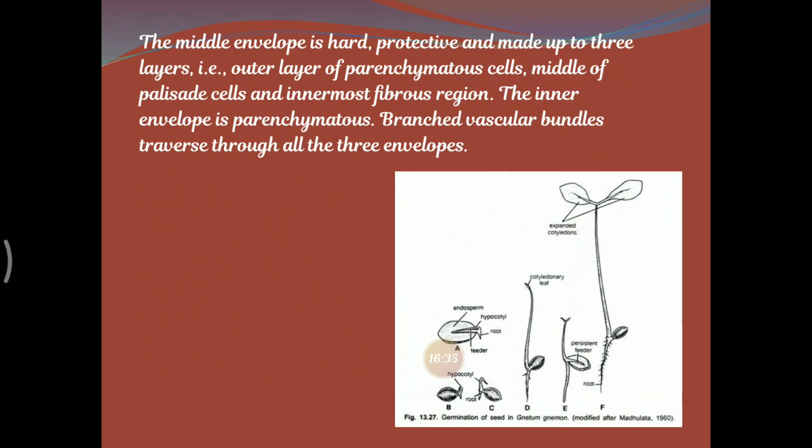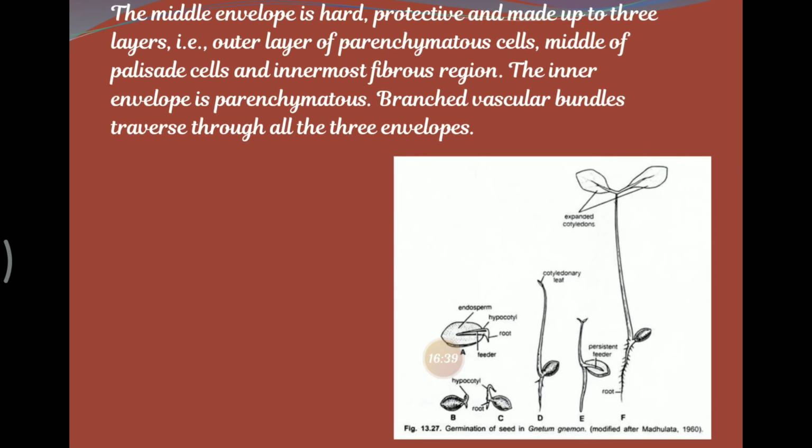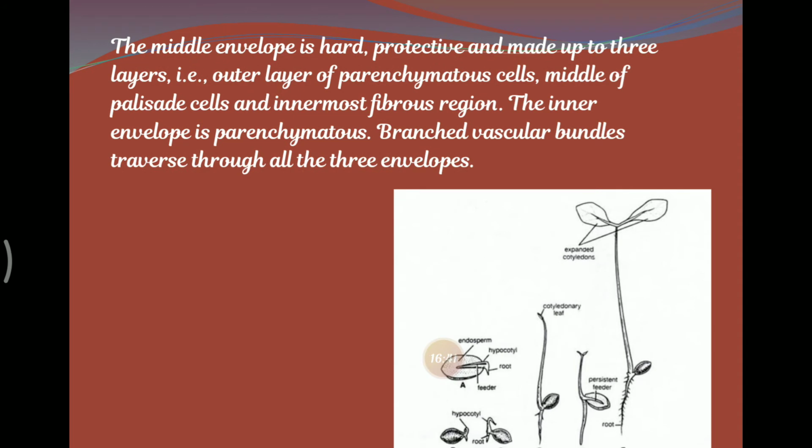The middle envelope is hard, protective and made up of three layers, because it is very rigid at the center. Outer layer of parenchymatous cells, middle layer of sclerenchymatous cells, and innermost fibrous region. That is very important, the fibrous region. The inner envelope is parenchymatous with branched vascular bundles that pass through all the three envelopes. That is very important.